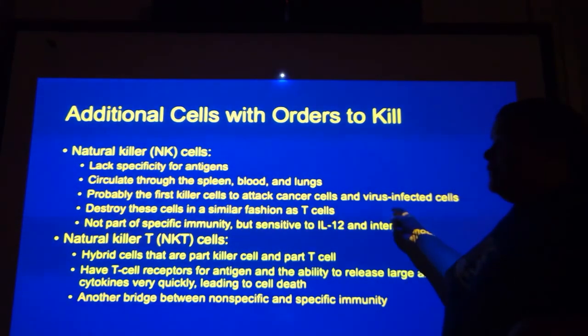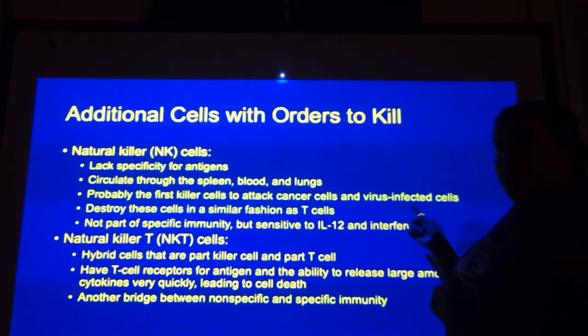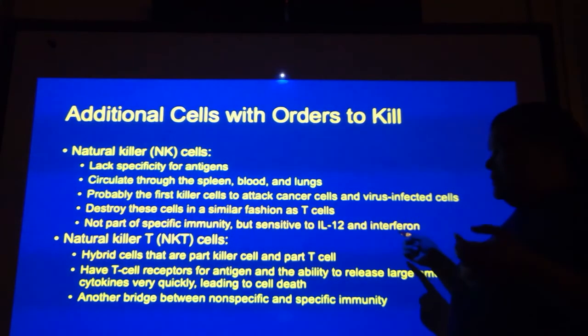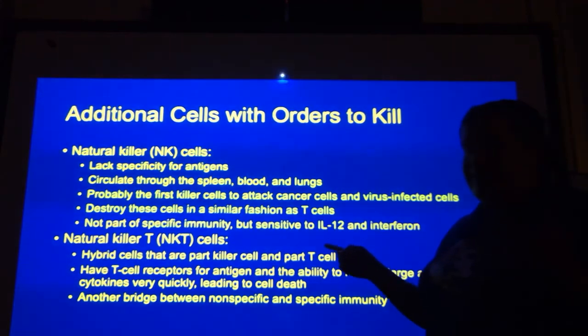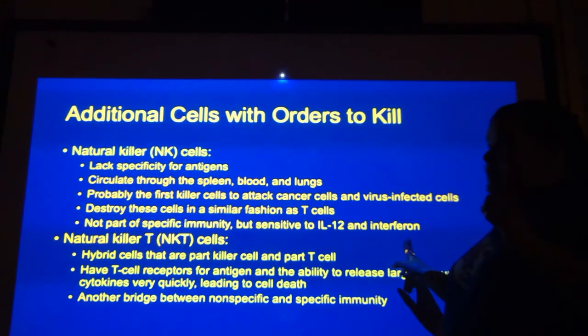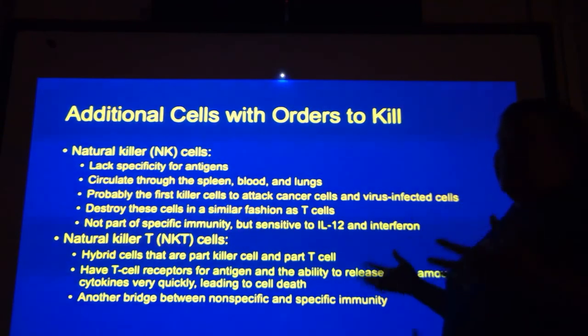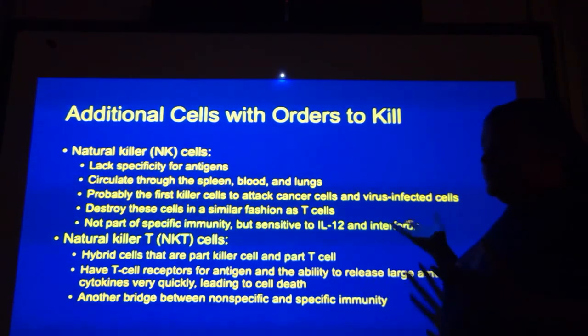And normally, they are the first killer cells that attack cancer cells and virally infected cells. They do use granzymes and perforins just like our cytotoxic T cell does, but they're not going to have the specificity and they don't create memory. They are sensitive to interleukin 12 and interferon though, which isn't necessarily true for our other non-specific cells.